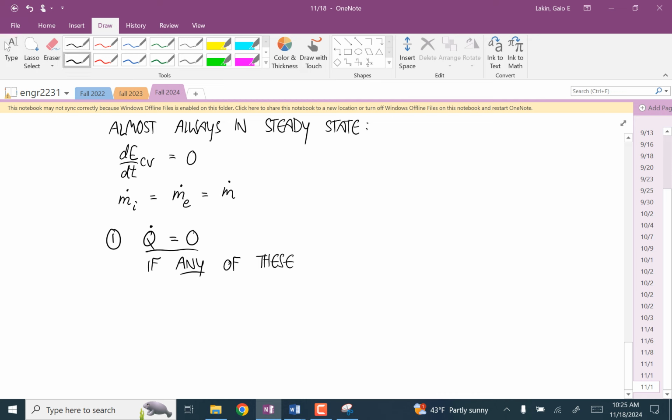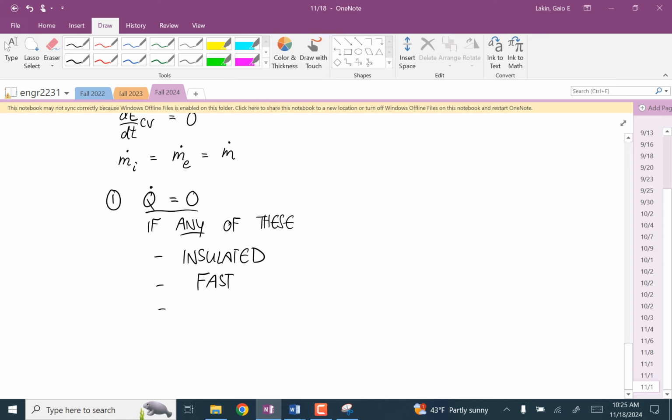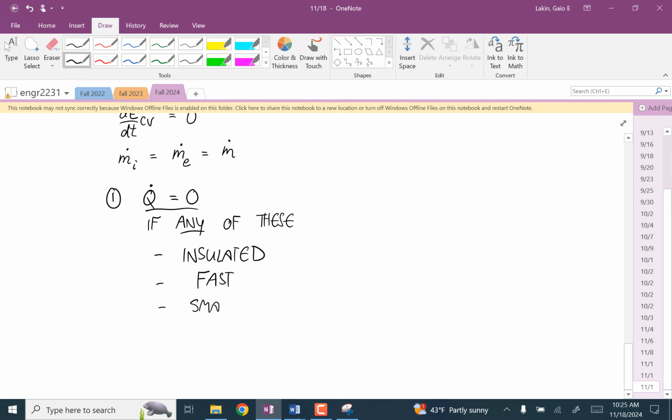So first, if it says that the device is insulated. Second, if the fluid flow through the device is fast. Third, if there's a small surface area of the device.